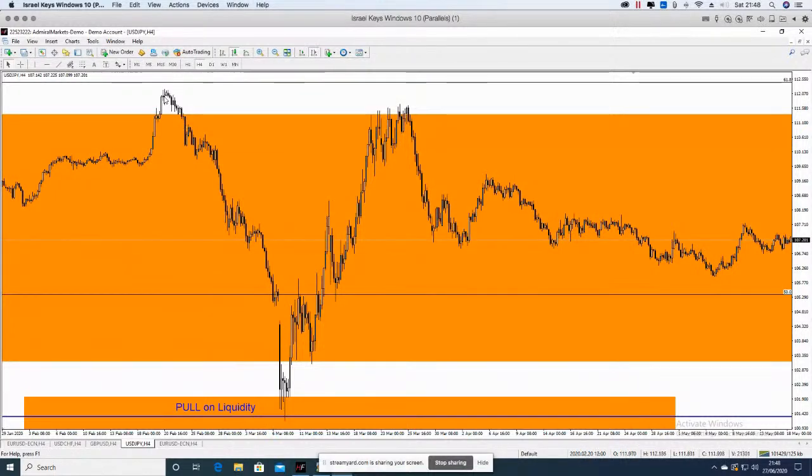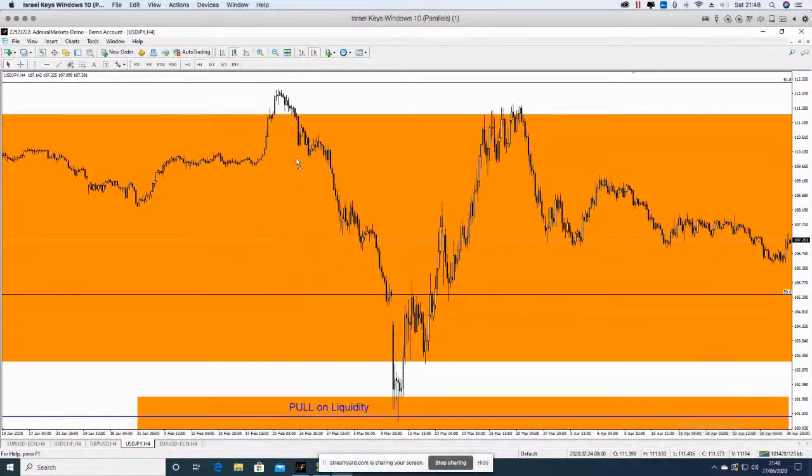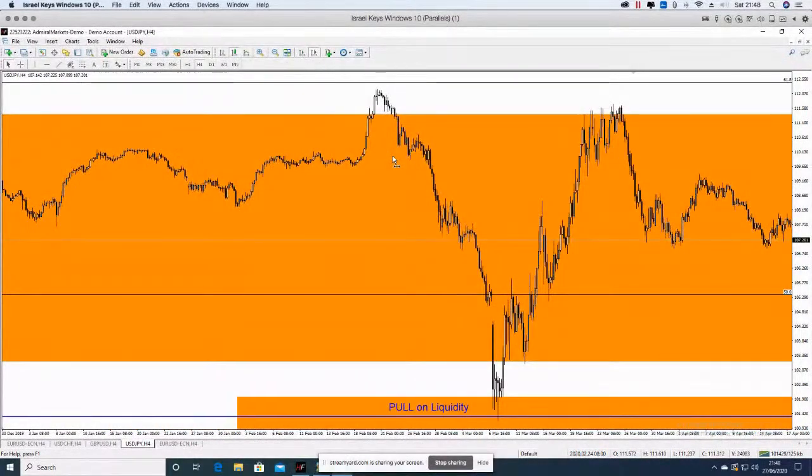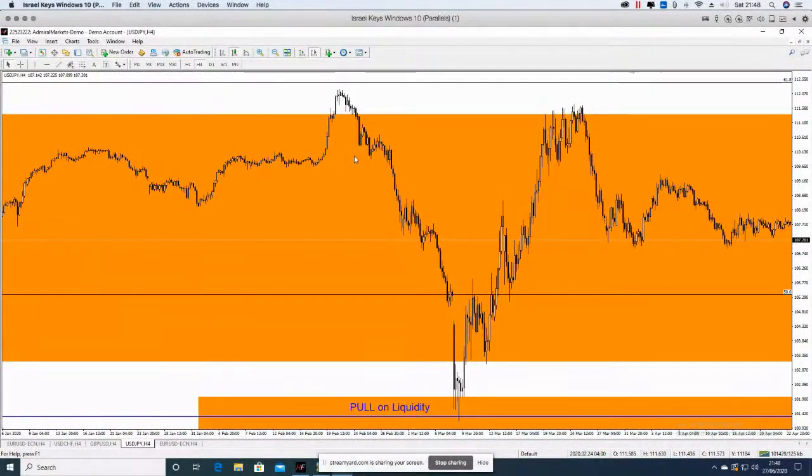Because the moment price starts to come down this way, if you are an experienced trader, if you know what you're doing, the moment you get into this box, you are not falling for any of this supposed turning point. You know price wants to reach into that level because it's been significant for 24 years. And if it does that and then gives you a market structure break there, you know you can trust it.